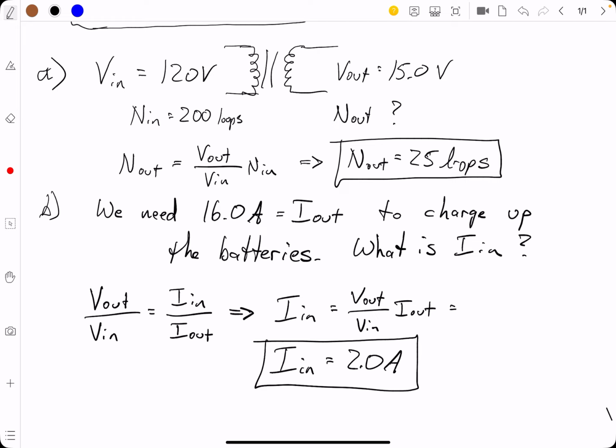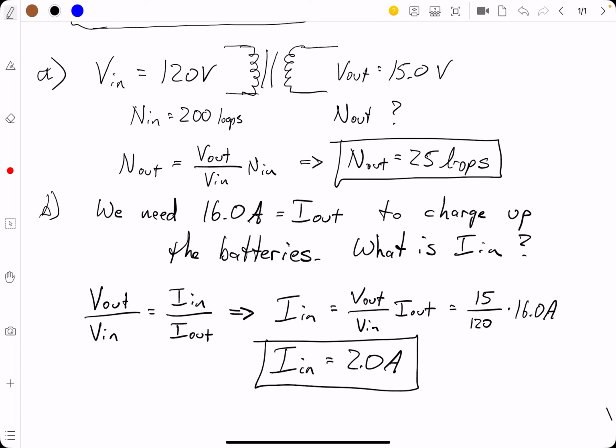So should we do it? If we plug these in, V out 15, V in 120, and we're going to multiply that by our current, which is 16 amps. And yeah, 2.0.